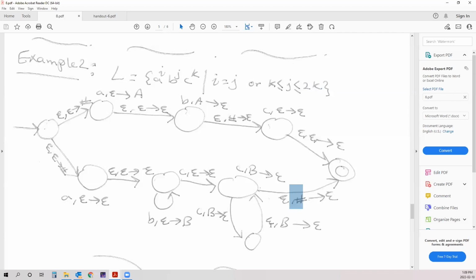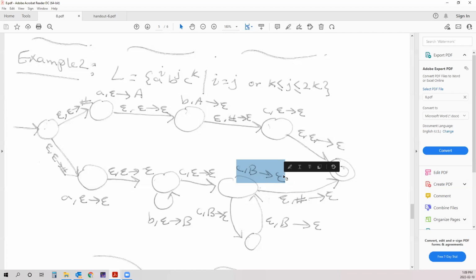Why do we do this? Because the number of b's at least should be equal to the number of c's. So if it's equal, with each one we pop one.